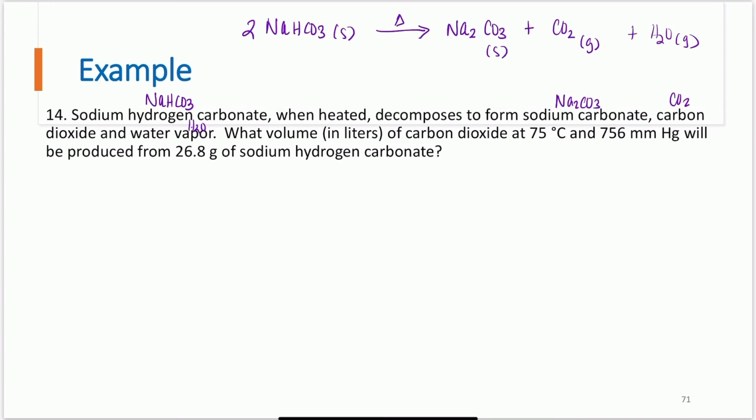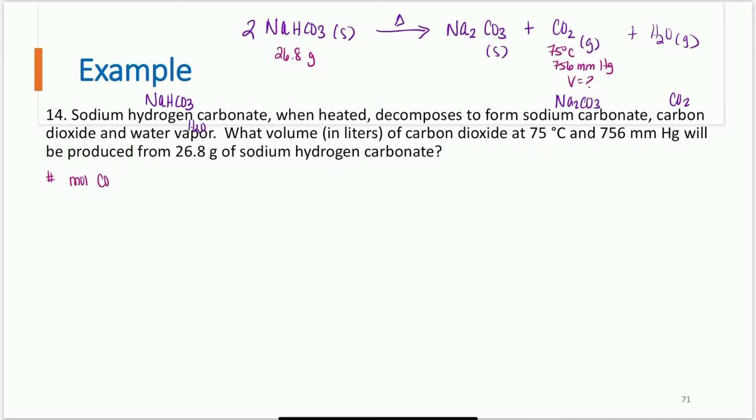What volume in liters of carbon dioxide at 75 degrees C and 756 millimeters of mercury will be produced if I decompose 26.8 grams of sodium hydrogen carbonate? Well, let's see how many moles of CO2 can be produced from this.